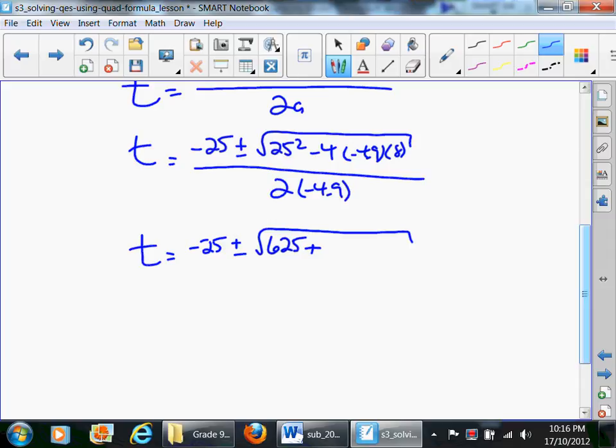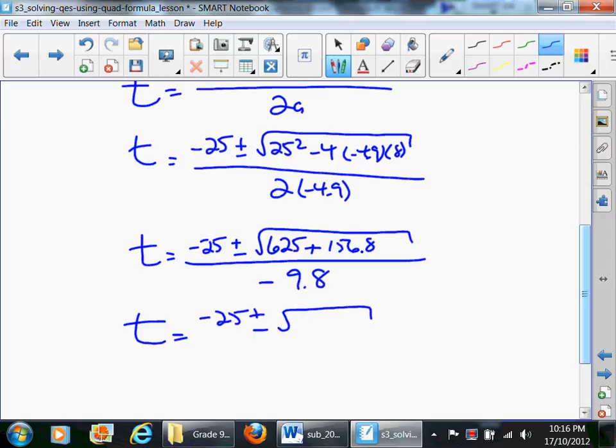So in other words, 32 times 4.9 is 156.8, all over negative 9.8. So we get negative 25 plus or minus the square root of 781.8 all over negative 9.8.